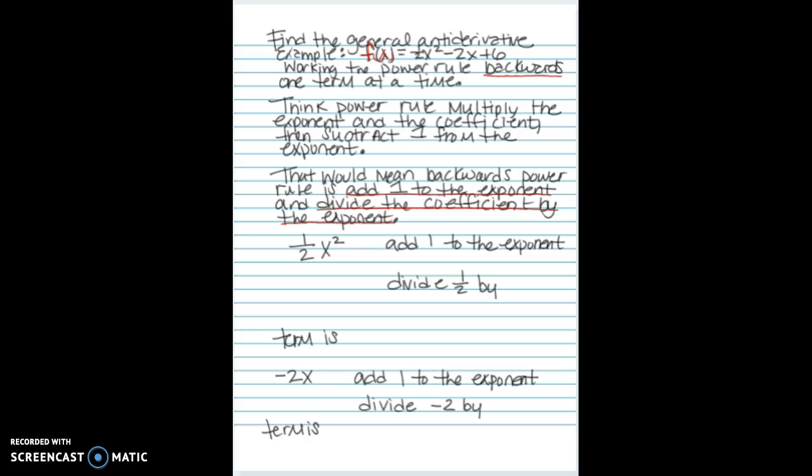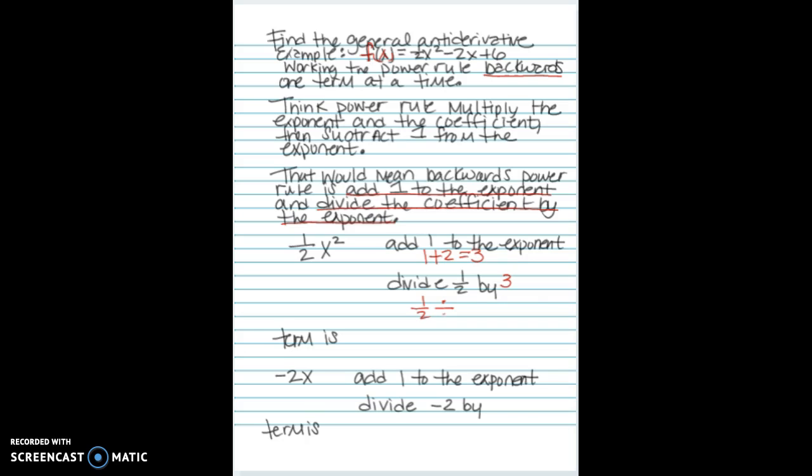So let's look at this one term at a time. Our first term is 1/2 x squared. We're going to add 1 to the exponent. So 1 plus 2 equals 3. Then we're going to divide the coefficient, the 1/2, by the 3.